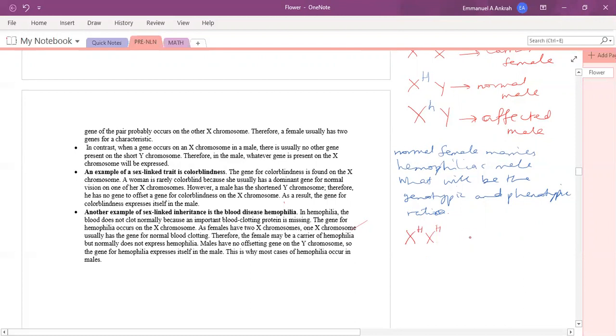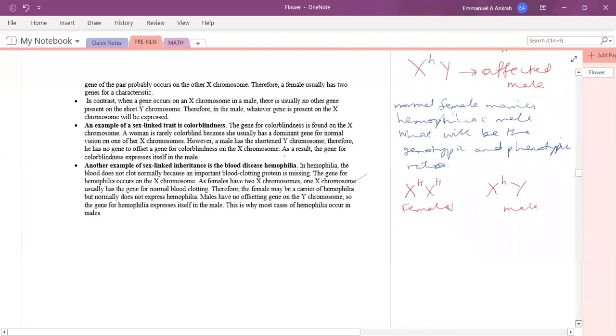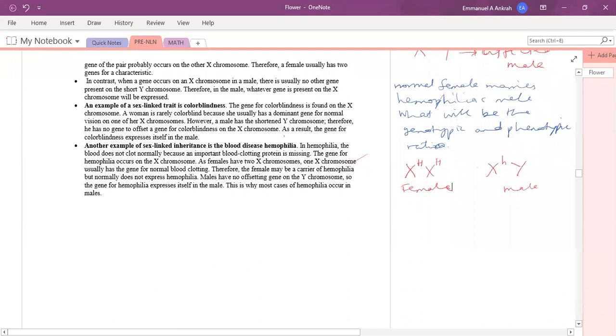And then the male is an affected male, so he has X lowercase h and a Y chromosome. So that's the male, and that's the female genes. Then you can use a Punnett square to work out the possibilities. So let's draw the Punnett square here.